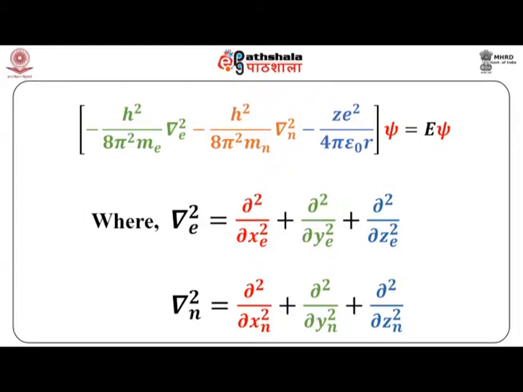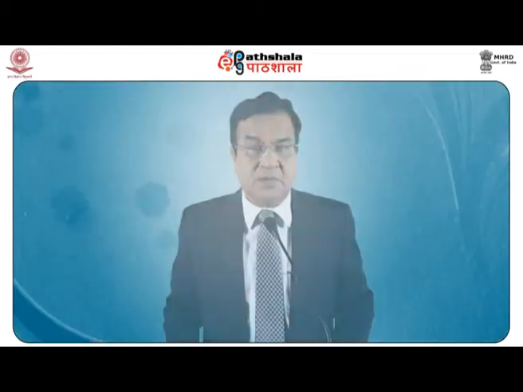This represents the kinetic energy of the nucleus, where mn is the mass of the nucleus, and del n square is in terms of the coordinates of the nucleus. Then potential energy is minus Ze square upon 4 pi epsilon 0 r, and this whole thing acting on psi is equal to E psi. That becomes our Schrodinger equation for hydrogen atom.